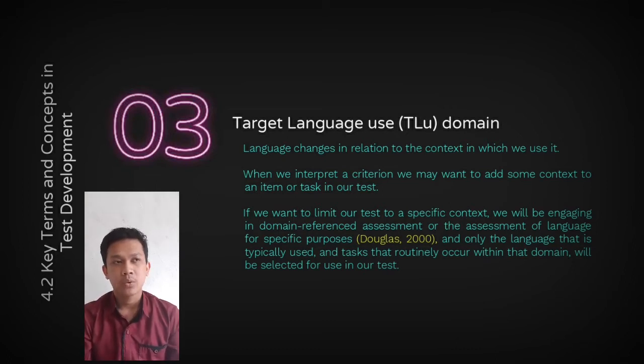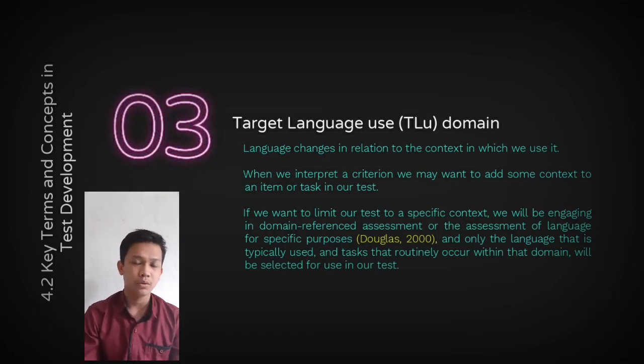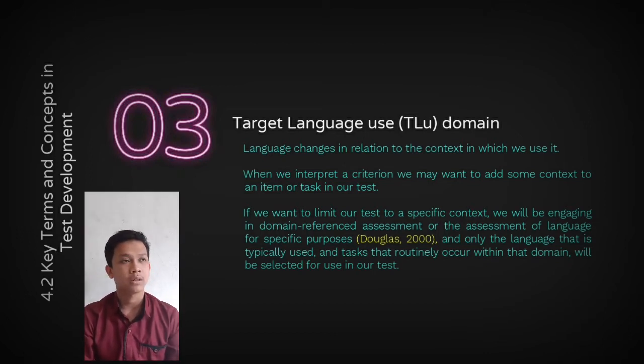Let's say when we read the news about, for example, health in the newspaper, and then we move on to the next page and find news about, for example, sports, we can feel that the difference is really contrasting. The context and the language style, the language form in between the sport news and the health news is pretty different. That's why this happens.